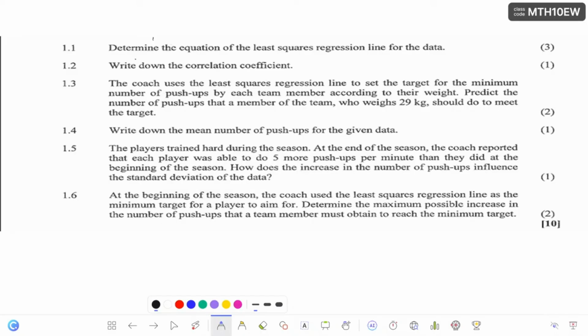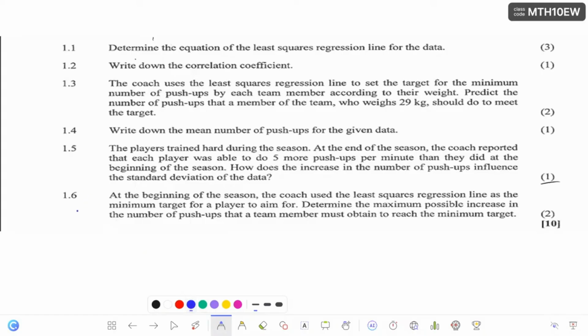It's only going to change the mean of the data. So hence, the standard deviation is going to be the same. For this question, you just write that the standard deviation is going to be the same, because adding a constant to our observations is not going to change the spread of the data. So for this one, write that.